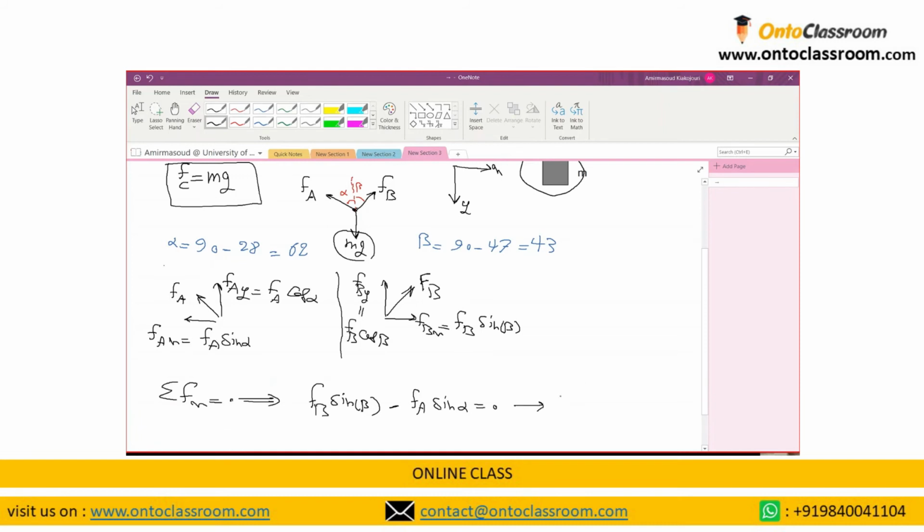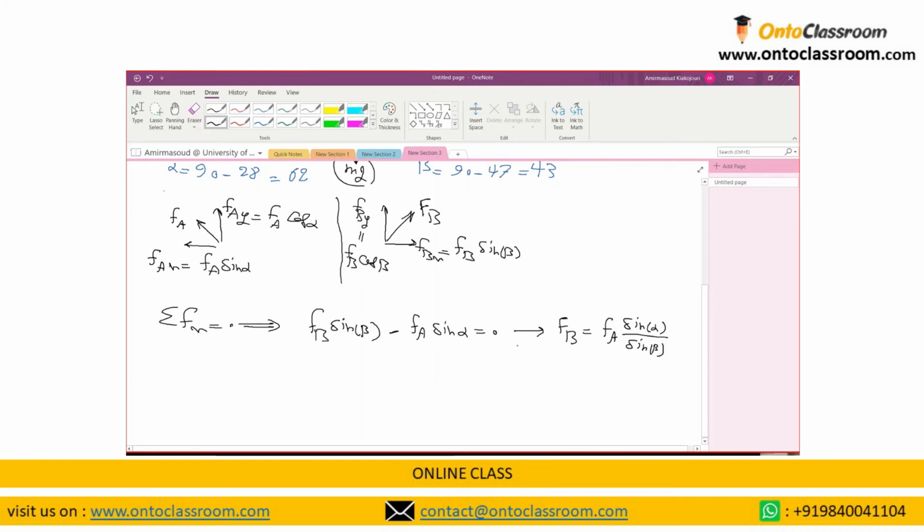By some simplification, FB is equal to FA, no, not simply FA, because they are different, FA times sine of alpha over sine of beta.